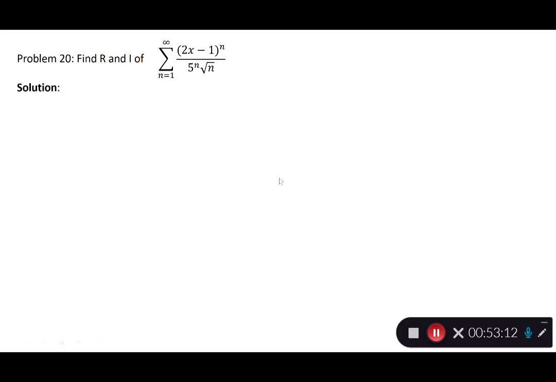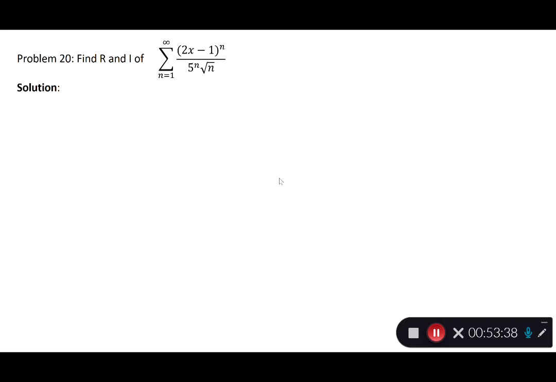Let's look at the next one. 2x minus 1 to the n. Is that a power series? Does that look like sigma c sub n times the quantity x minus a to the n? No, the coefficient of x was supposed to be 1.